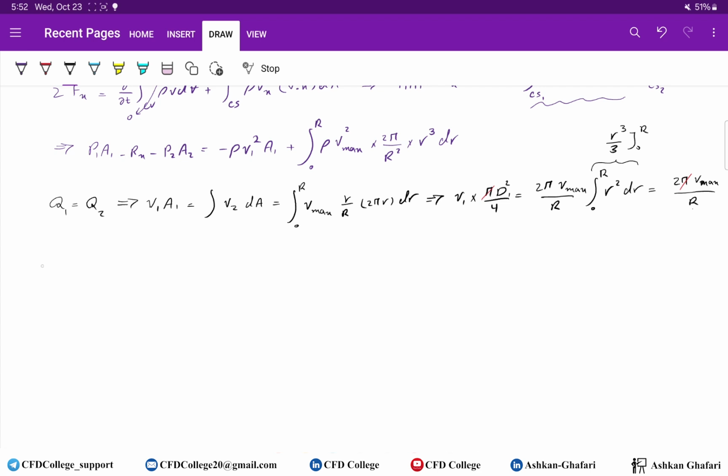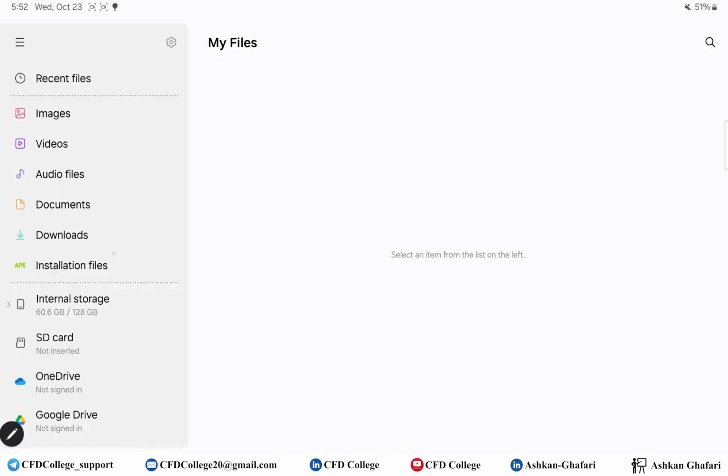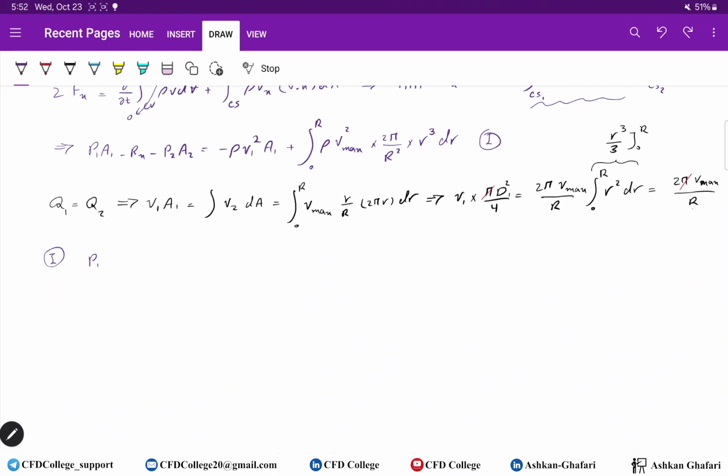So equation 1: P1 A1, and we know A, which is pi d1 square over 4, minus Rx minus P2 times pi d2 square over 4 equals minus rho v1 square pi d1 square over 4 plus the integral.